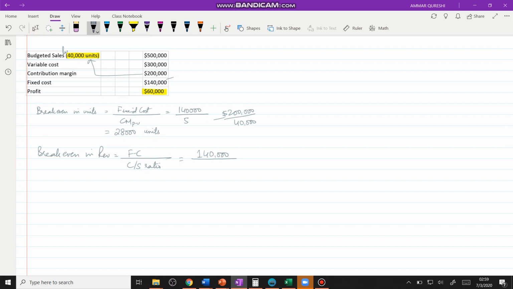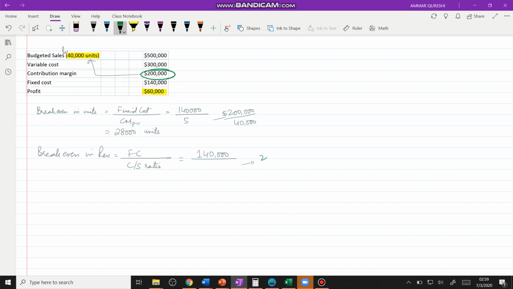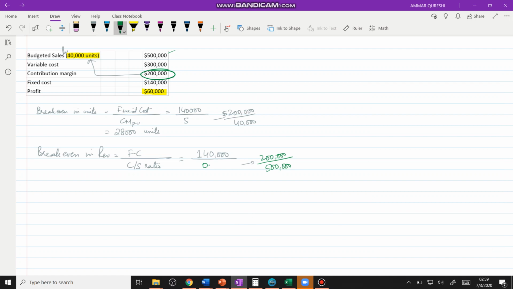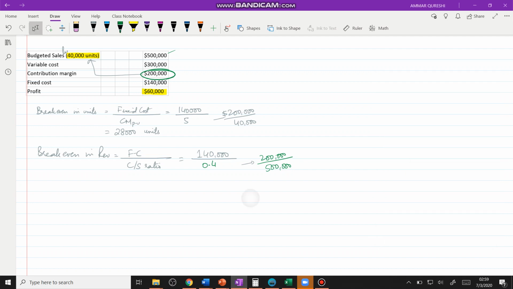Let's calculate CS ratio by using total contribution. Total contribution is 200,000 divided by revenue 500,000. CS ratio is contribution divided by sales. So 200 divided by 500 will give you 0.4. So if you divide 140,000 by 0.4, you will get 3,50,000.